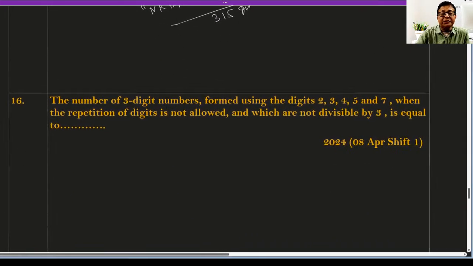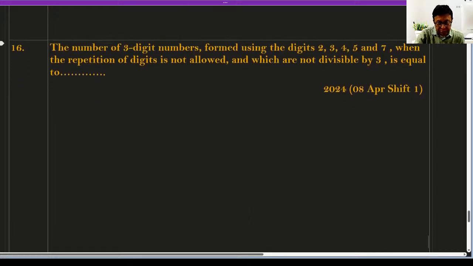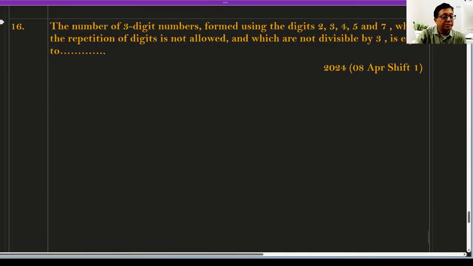Do it. Before I do it here, you must do it. Number of 3-digit numbers formed using the digits 2, 3, 4, 5, 7.